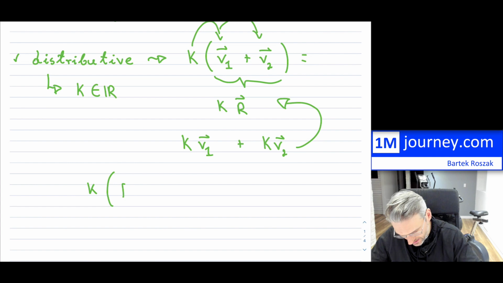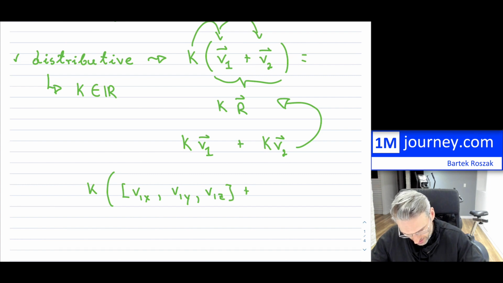If I write this out in Cartesian coordinates, v1 has its x component, its y component, and its z component, plus my second vector, v2x, v2y, and finally v2z.